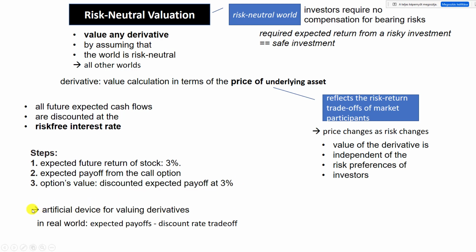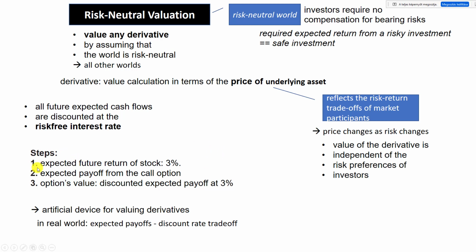And then at the end of the day we have the artificial device for evaluating derivatives, and in real life we can have differences in expected payoff and the discount rate, and that's why I will show you some examples of when it's happening and how we can compensate for this. It will be also interesting to see.